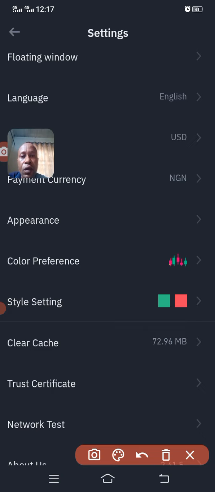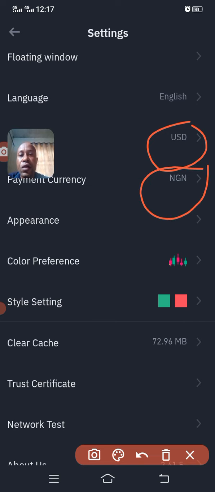Now you can change any currency of your choice by clicking here. This is for Nigeria. I can change mine to any currency of my choice, and that is exactly what will appear. Now we see the color preference on the candlesticks under the technical analysis.